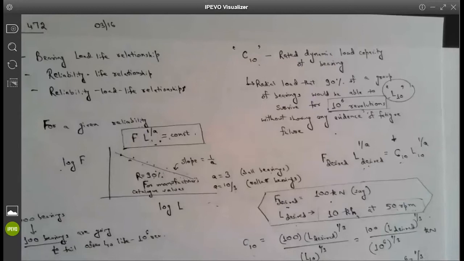Let me know if it is making sense or not. If you have a question, or you are getting confused about any specific parameter here, please let me know.